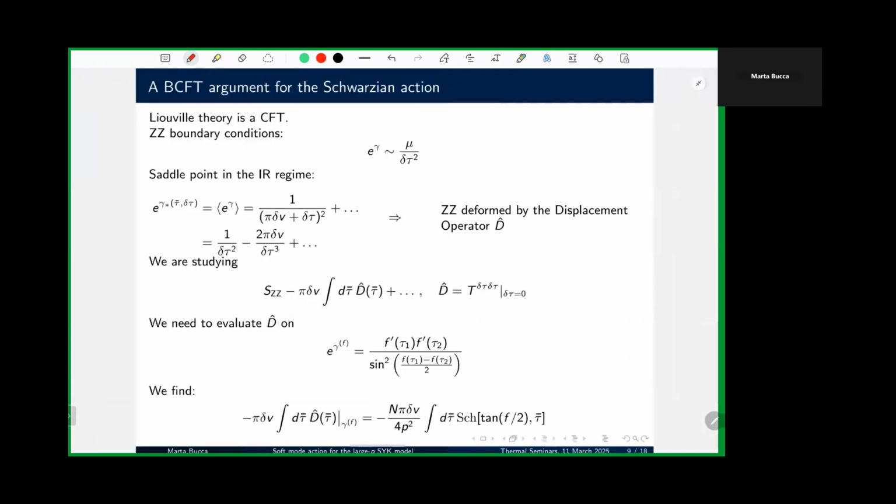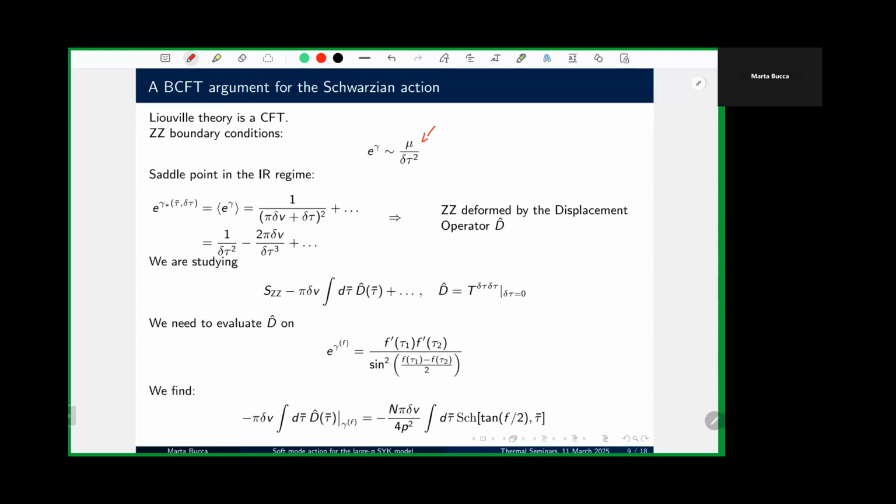I'm going to be starting with the first derivation that uses arguments from conformal field theory. So we start by noting that Liouville theory is a conformal field theory, and it is equipped with conformal boundary conditions. A set of these conformal boundary conditions is the ZZ or Zamolodchikov boundary conditions. And these tell us that e to the gamma close to the boundary has to behave as some constant mu over delta tau squared.